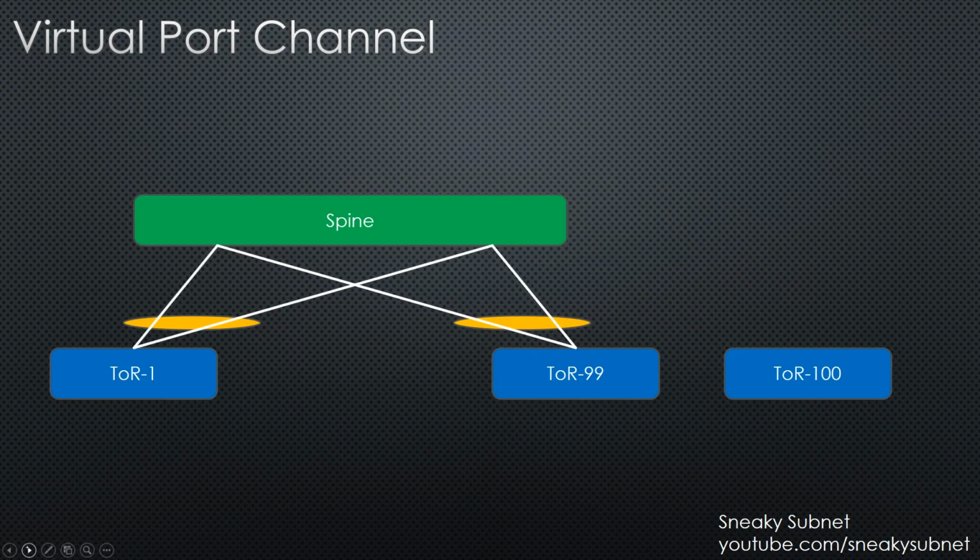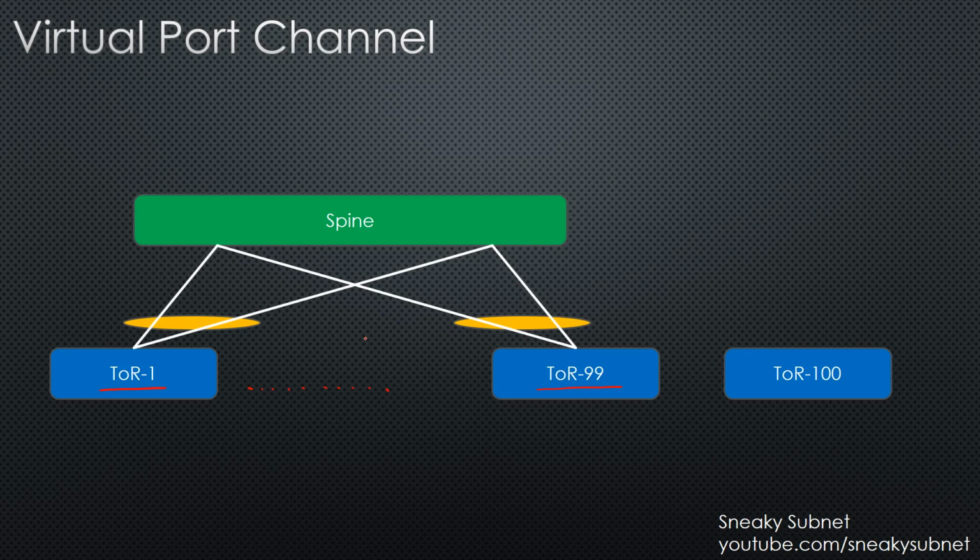But eventually, as we expand our network, we will face another problem. So here we have top-of-rack switch number 1. Here we have more switches. And finally we have top-of-rack switch number 99.